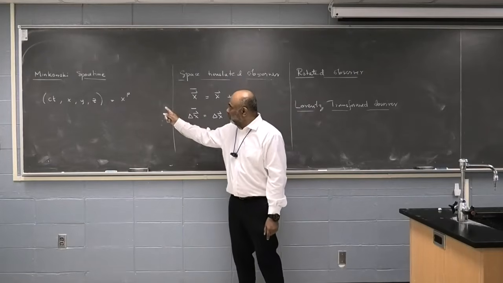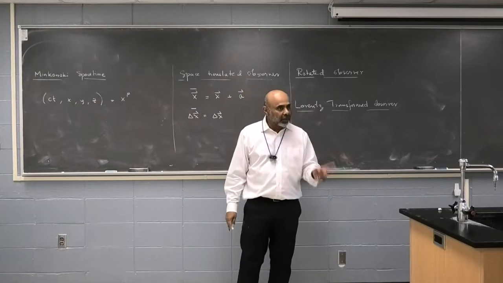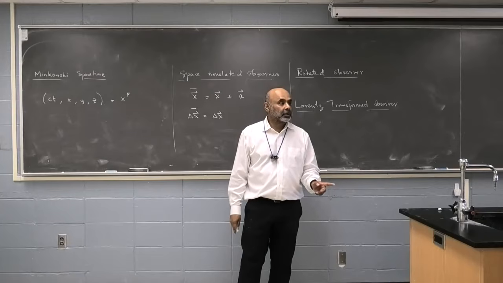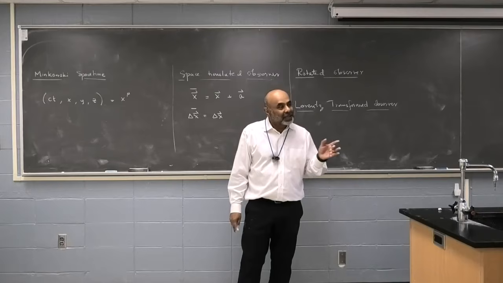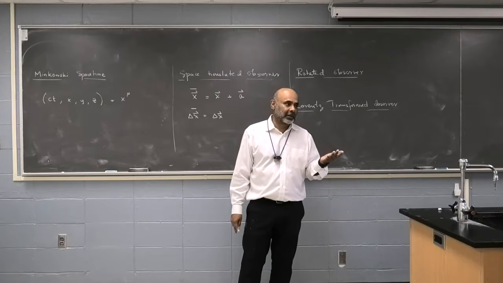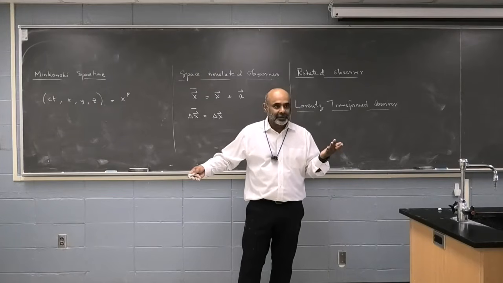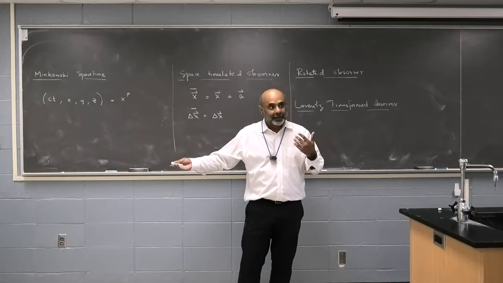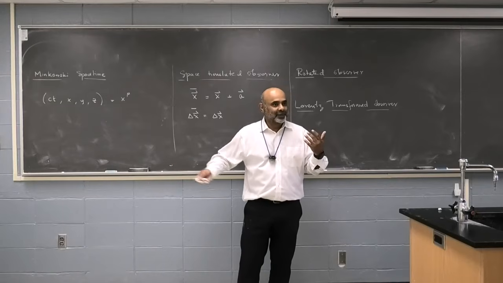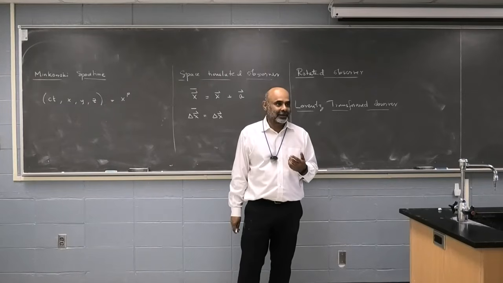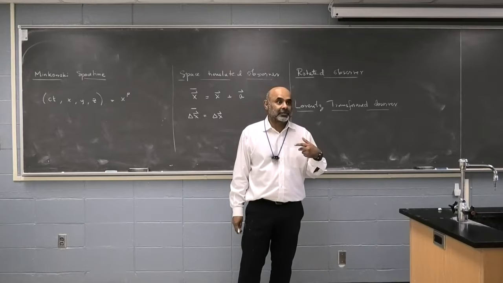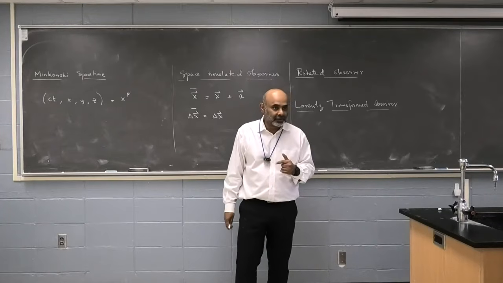I will use mu, nu, lambda, Greek letters, to denote spacetime indices. Sometimes I use a, b, and c. This is usually done, but i, j, k, l, m, n are usually reserved for space indices. When in doubt, ask me. I'll try not to violate those rules.